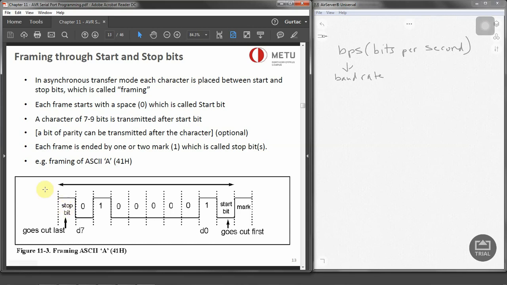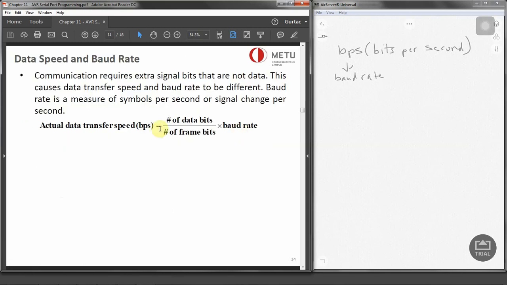Now, the baud rate is a measure of symbols per second or signal change per second. And we need to know and understand the formula because we are going to use it a lot. So the actual data transfer bits, BPS, is given by the number of data bits divided by the number of frame bits, multiplied by the baud rate.